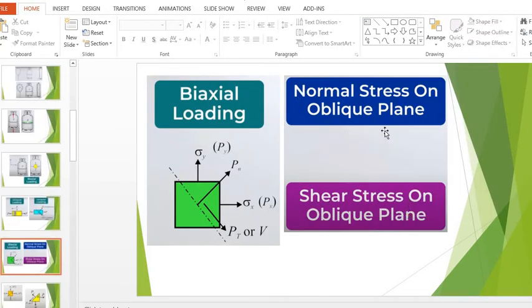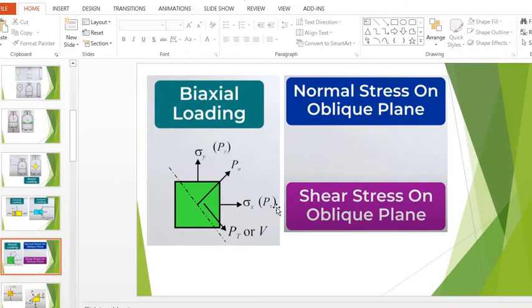So we will see what is normal stress on an oblique plane and what is shear stress on an oblique plane. See here, we had seen this sigma x, that is acting in the x direction, and the corresponding load for this is Px. Similarly, sigma y is the stress in the y direction, and the corresponding load is Py, right?